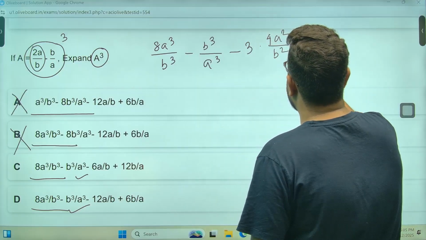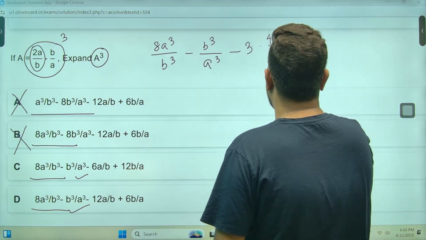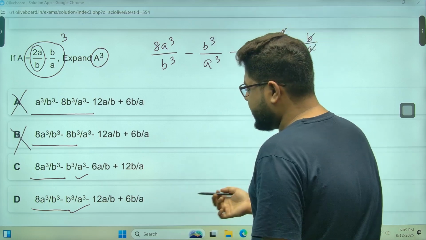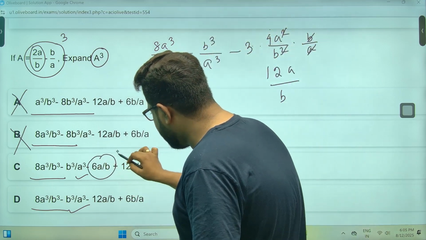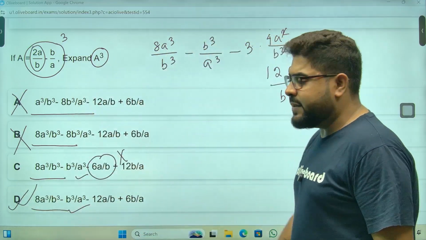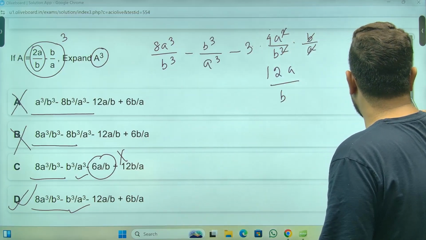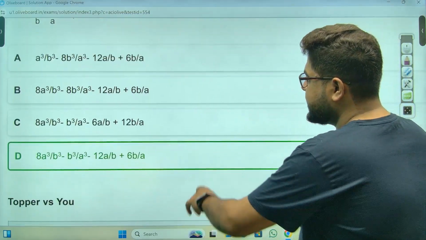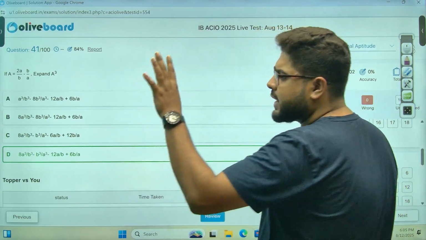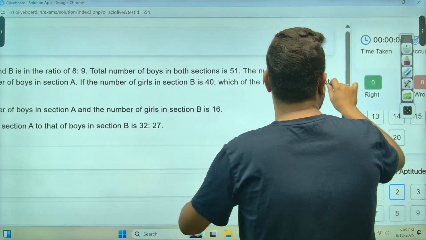Now if you calculate sir, this is giving you 3 fours are 12 a by b. 12a by b, 6a by b cannot happen. So my answer will be D. I don't need to do the whole thing. My answer I can get from only the third term. So that is D. You see, very easily I can do that in 30 seconds. I don't need any more seconds than that.